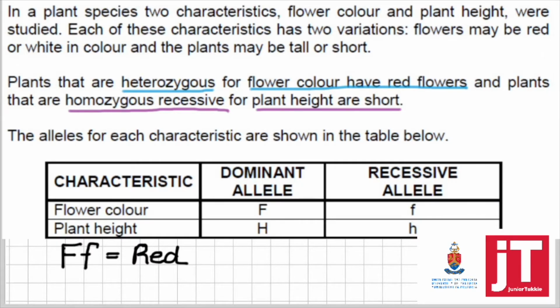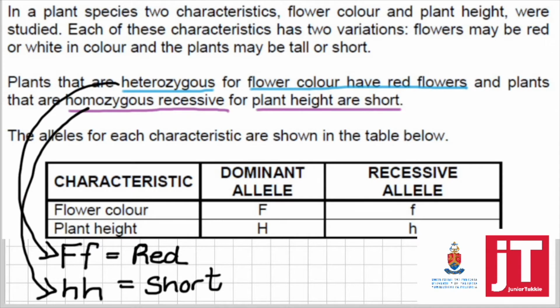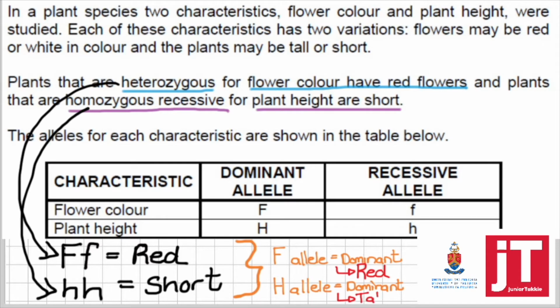In the homozygous recessive condition for plant height, the plants are short, which means the recessive allele is going to be for short plants. So understanding this context is quite important for us in determining the phenotypic expression of each of these in our dihybrid cross.